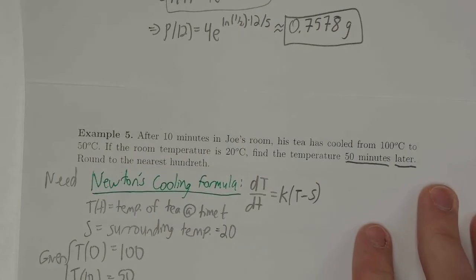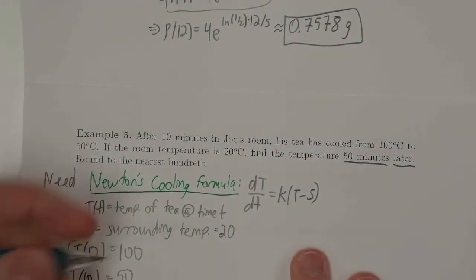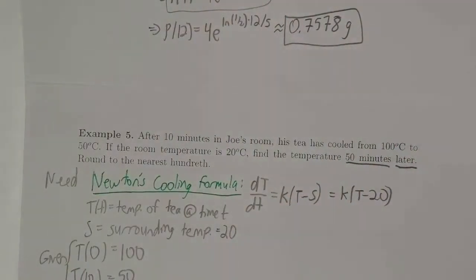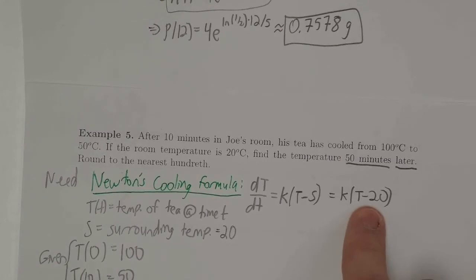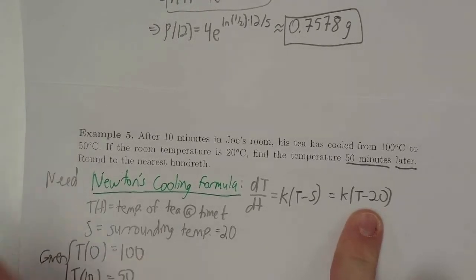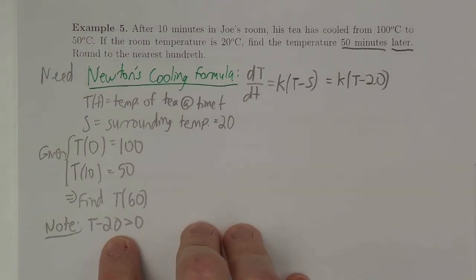Okay? Now, one thing to note here is that we do have that it's k times T minus 20, which is, okay, already, fair enough. But one thing to note here is that I claim that T minus 20 is actually greater than 0.